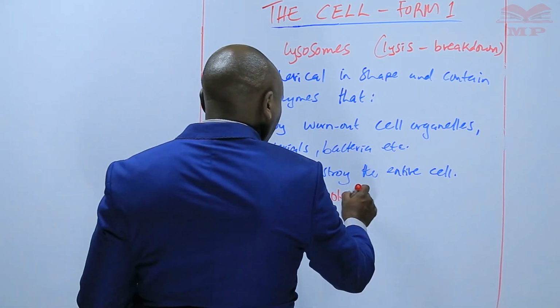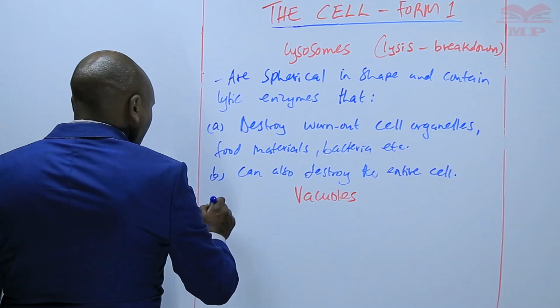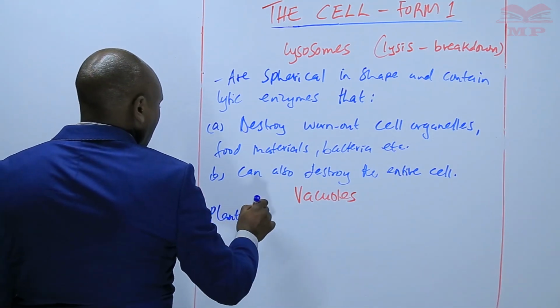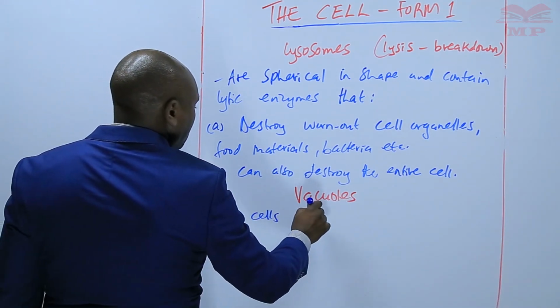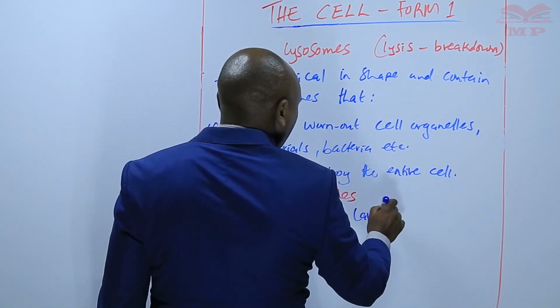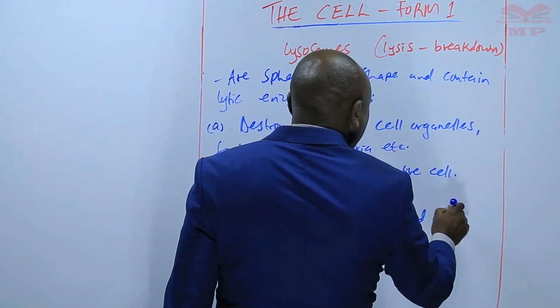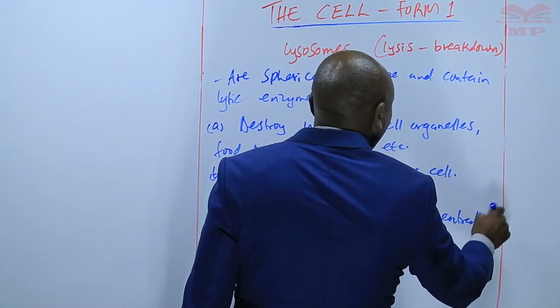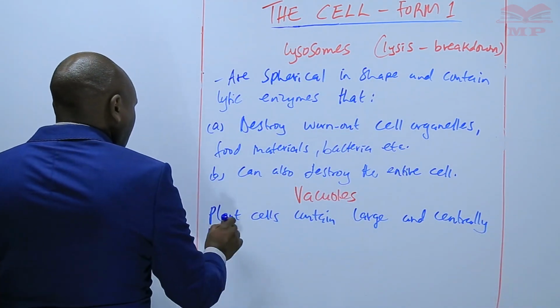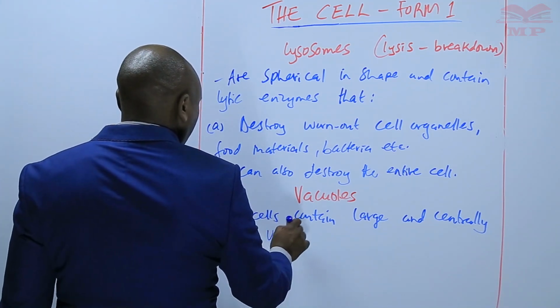So we'll say that plant cells contain large and centrally located vacuoles.